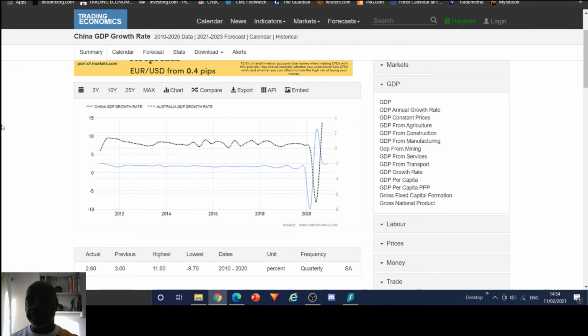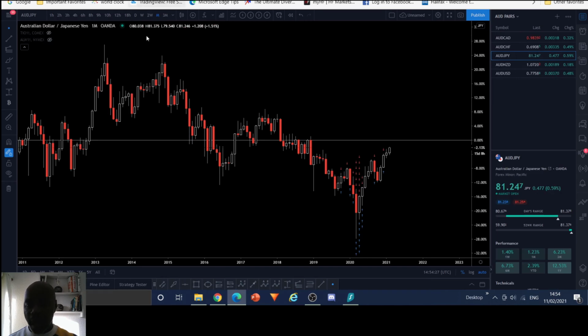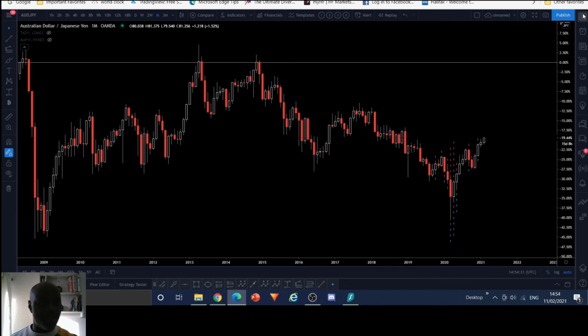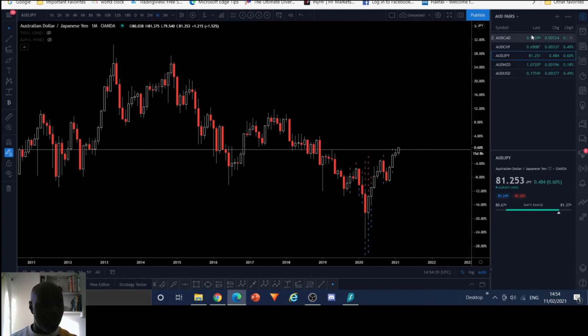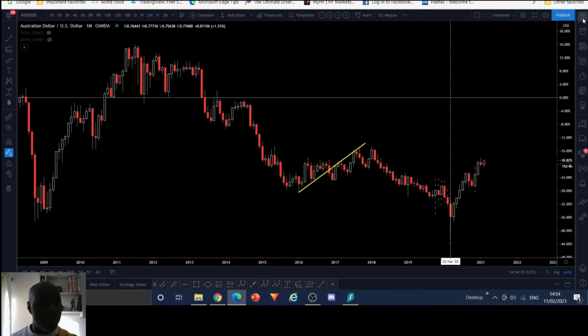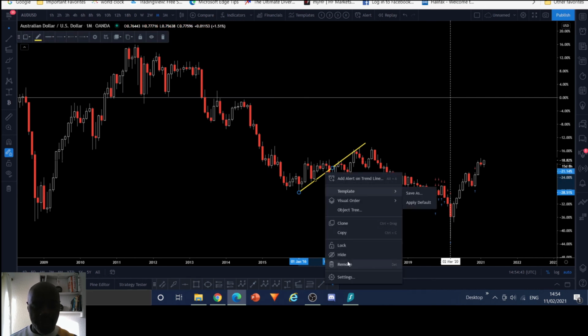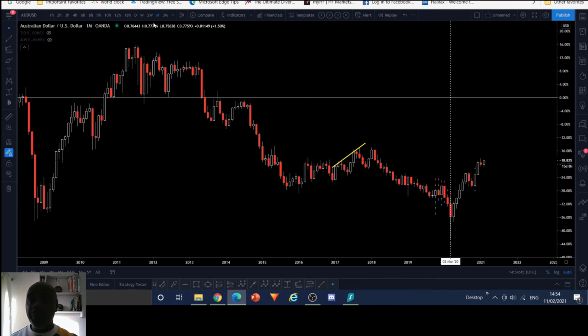Let's move on. The next thing I want to look at now is, let's go here and have a look at this chart. I'm not going to use the Australian dollar, I'm going to use the Aussie US dollar. Now here we are on the monthly chart of the Aussie US dollar.